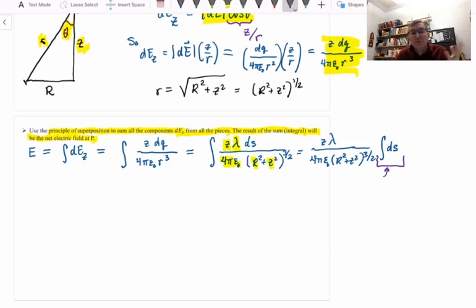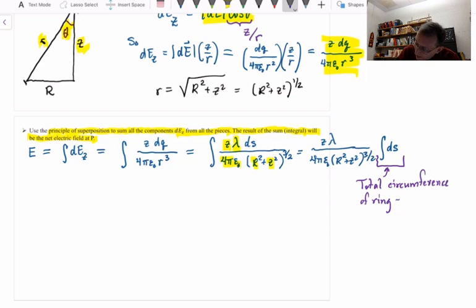Won't that be just the total circumference of the ring when you're done? It will. So don't overthink that in this case. That's what that says to do. Just add up all the little lengths, ds, of all the little pieces going around once. That'll be the total circumference of the ring.